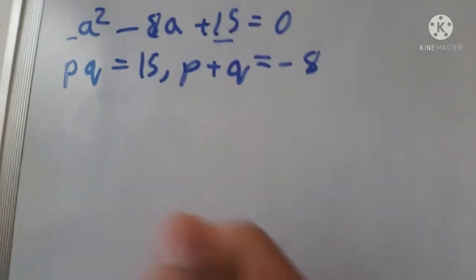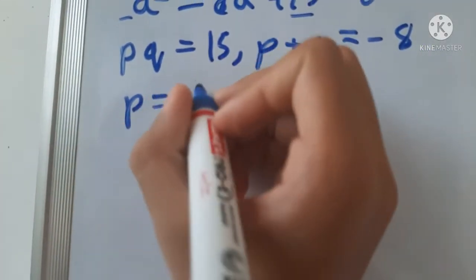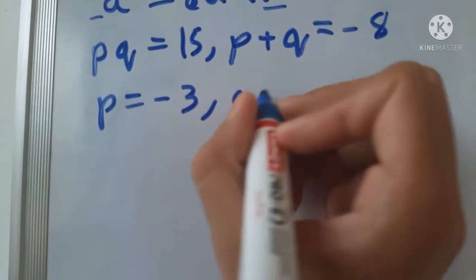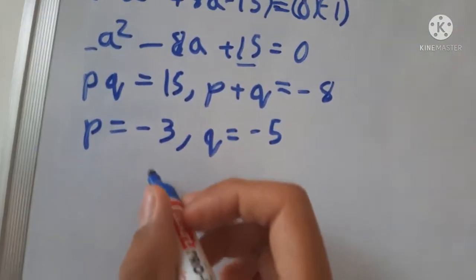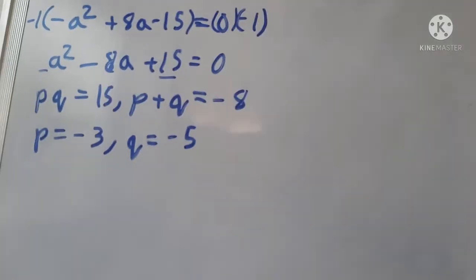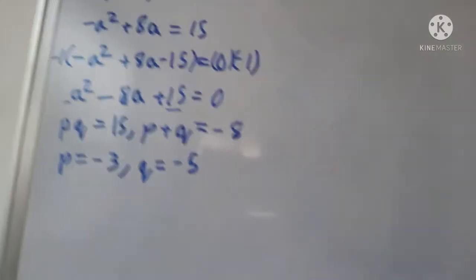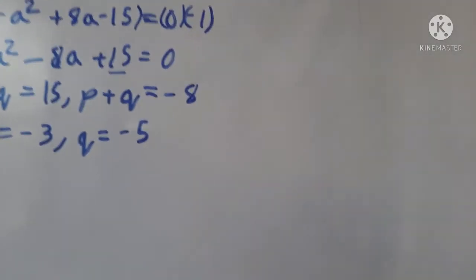It should be easy enough to see that p can be minus 3 and q can be minus 5, as they multiply to give plus 15 and add to give minus 8.